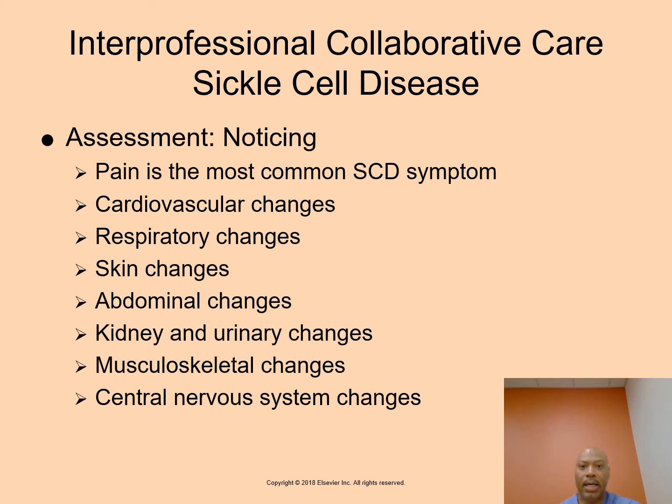Now, these patients also have acute chest syndrome, which is a common cause of hospitalization. It is also a common cause of death, which occurs from respiratory infections and fat embolism, and also pulmonary debris that comes from the sickle cells.